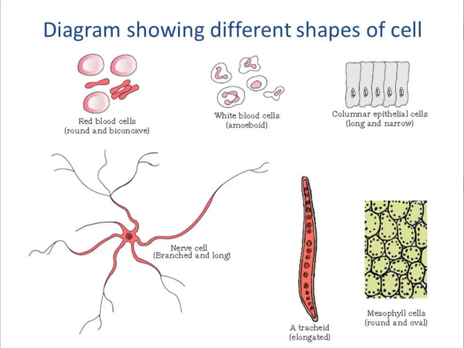Because they are involved in such an important function, they should have a maximum surface area, and the maximum surface to volume ratio that you can have is definitely with a round shape. That is the reason why RBCs are not square, not columnar, not elongated, not cuboidal, they are a round shape, right?